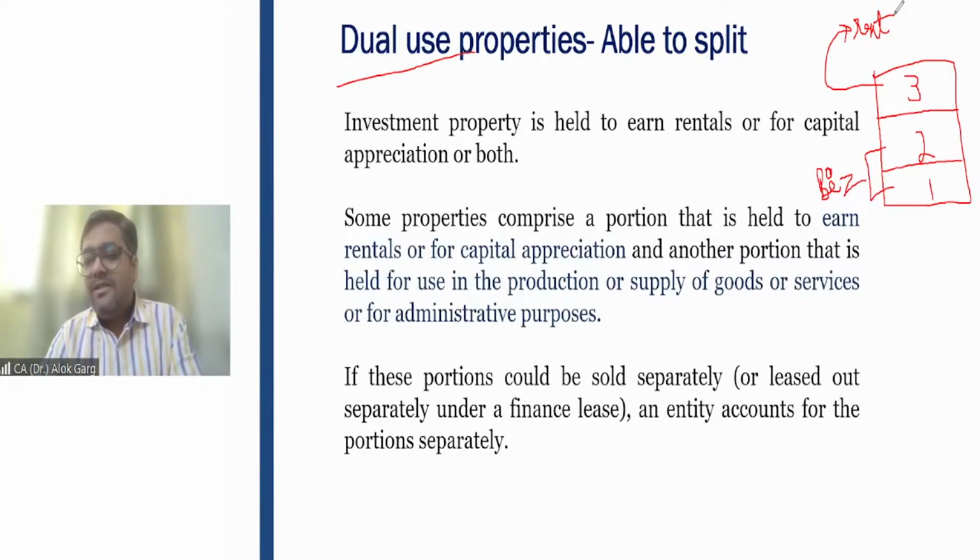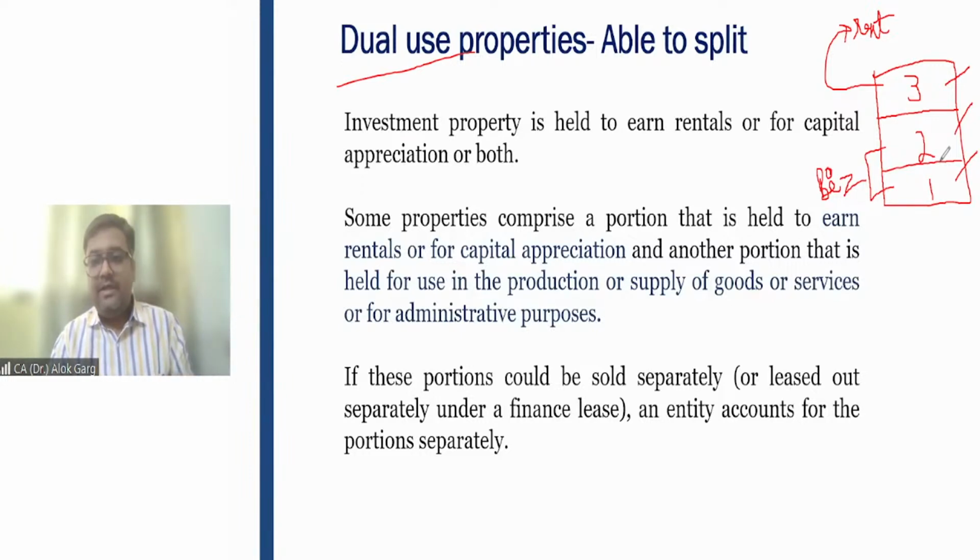Now friends, this building has 3 floors, and in the location where this building is located, the company is able to sell the floors even independently. So each floor has its own registry, its own legal title, a separate independent registry.